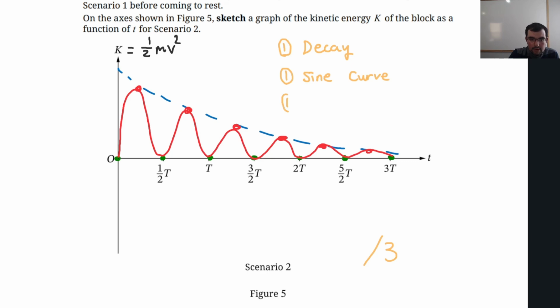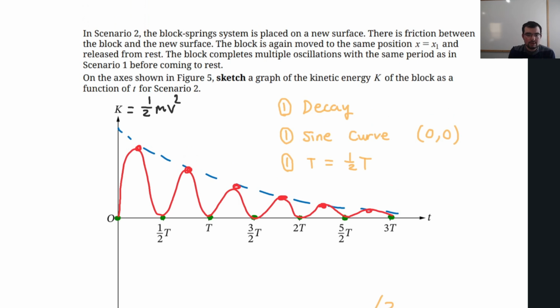And then you get 1 point probably for the period being 1/2 of the original, starting at 0. So I'd probably say sine curve with 0, 0 on the graph. So this appears to be what I think the 3 points would be. We'll see how close I am when the guidelines come out in June.